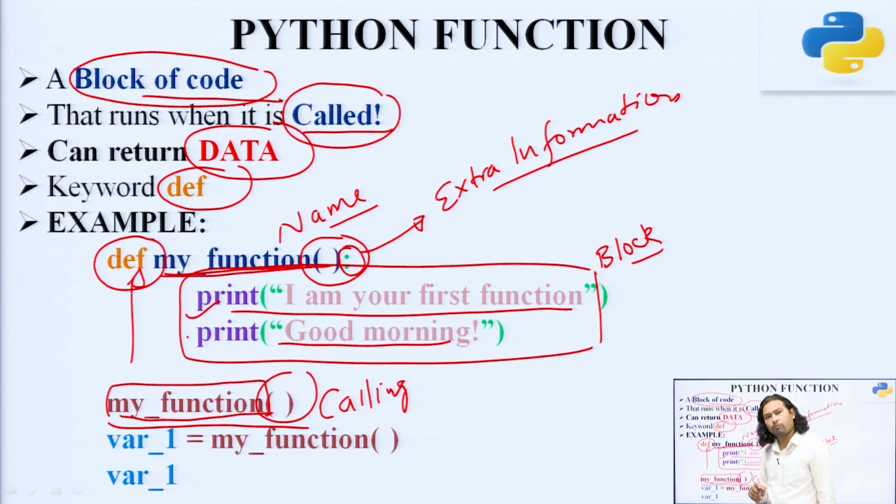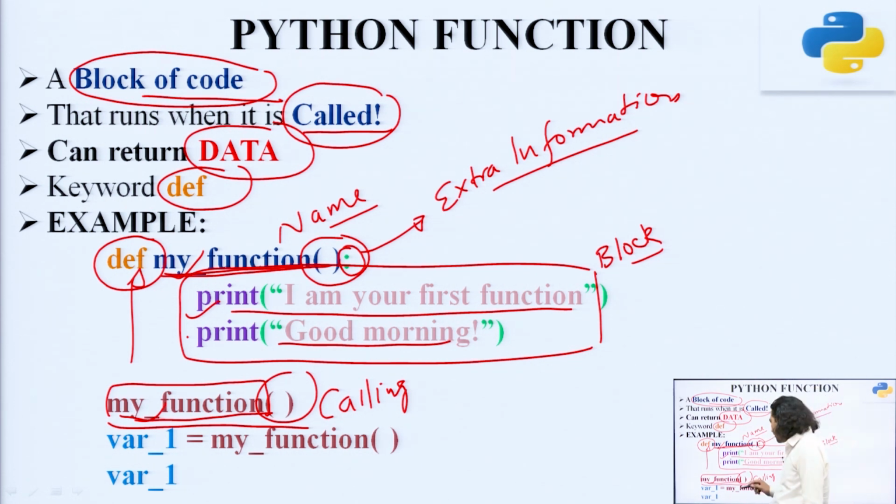Why do we pass this parenthesis? To get extra information. If there is no extra parameter right now, it is optional. Right now our focus is that the name in the definition of the function and in the calling statement must be the same, otherwise they cannot link to one another.